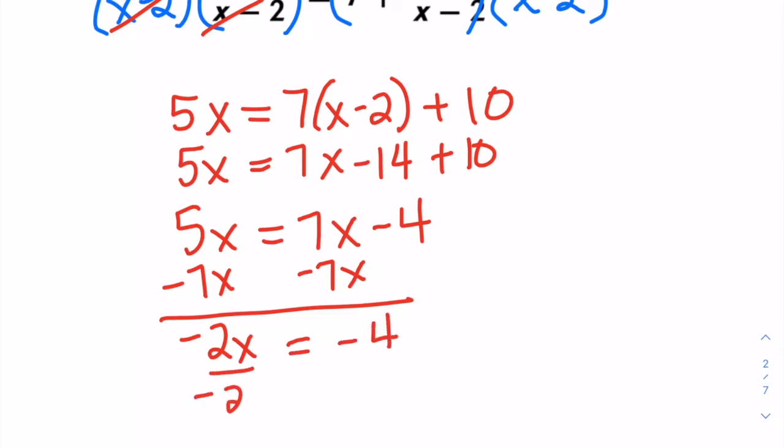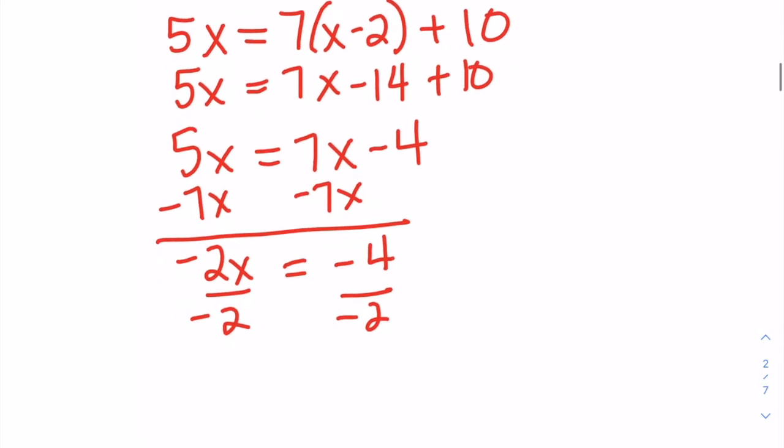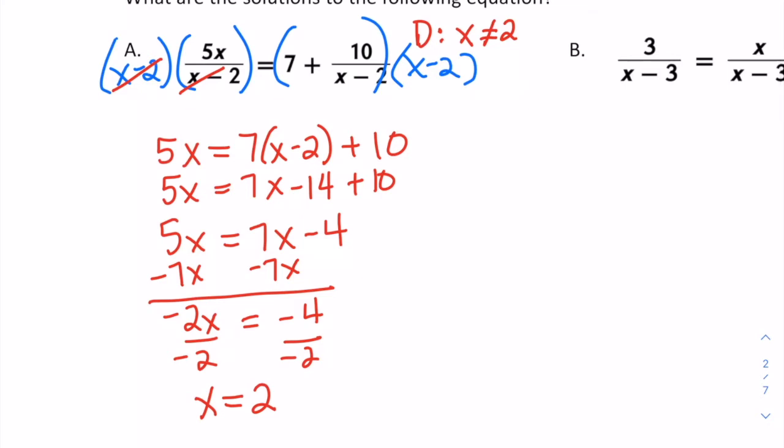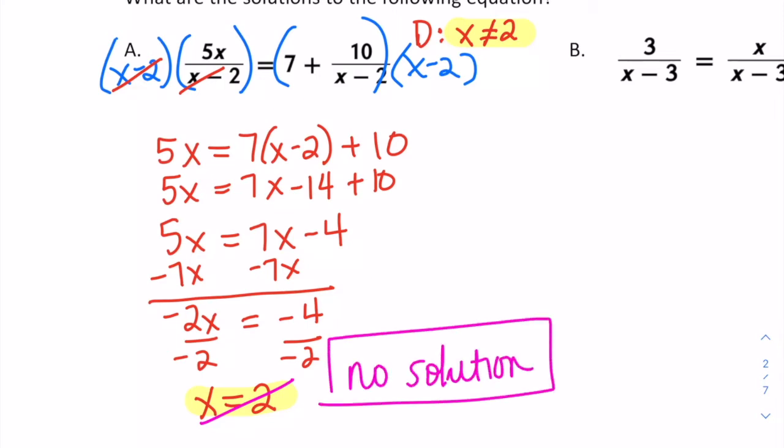Divide both sides by negative 2, and we get x equals 2. But if you remember, at the top, we said that x cannot equal 2. So again, we have another extraneous solution and another equation with no solution. We have an extraneous solution from solving, but it actually didn't work in our original equation.